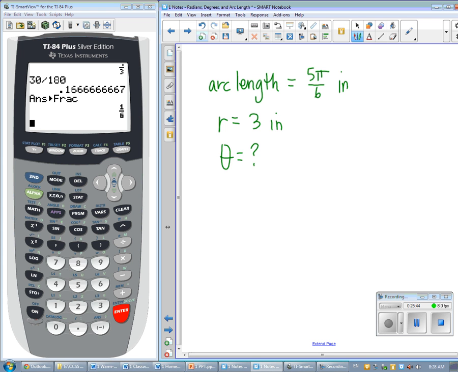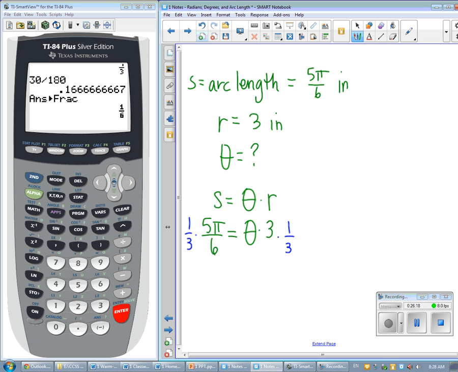Okay, so I know that this is S. I know in my formula that S is equal to theta times R. And so if I plug in what I know, S is 5 pi over 6. I don't know theta, but I do know that R is equal to 3. So if I want to solve this equation, I need to divide both sides by 3, and that'll give me the value of theta. One of the things you're going to have to remember when we're dealing with fractions is that dividing by a number is the same as multiplying by its reciprocal.